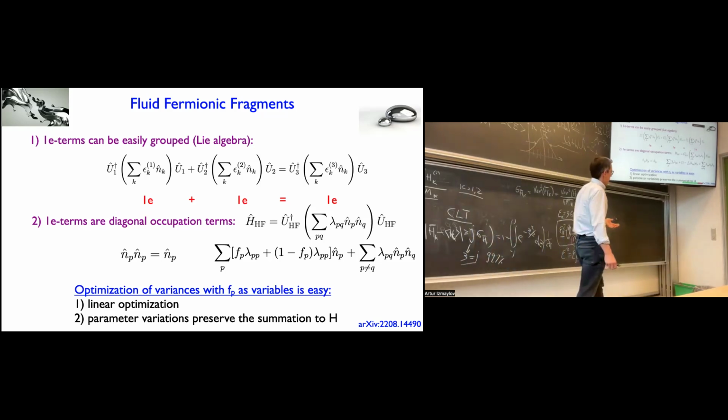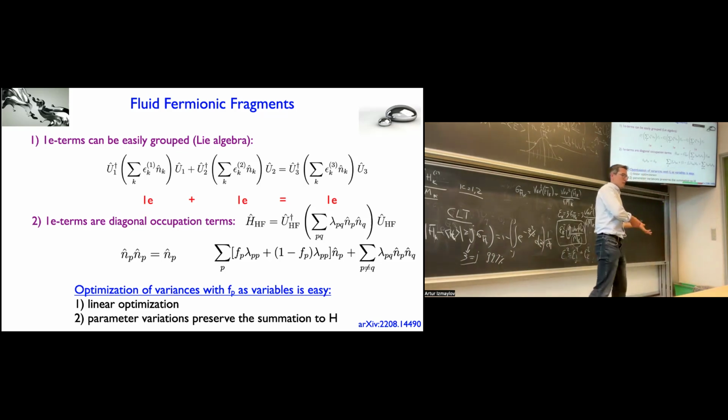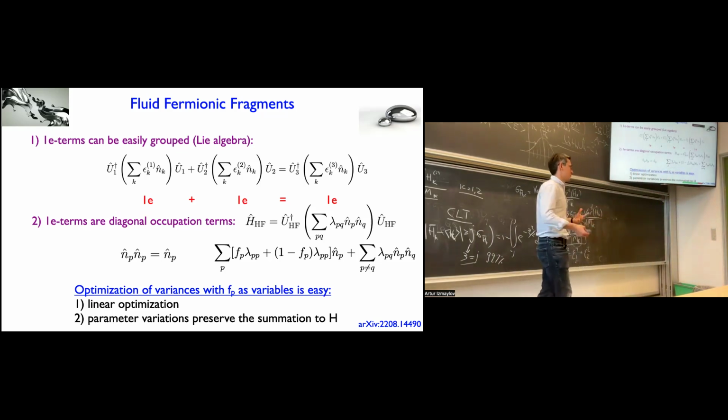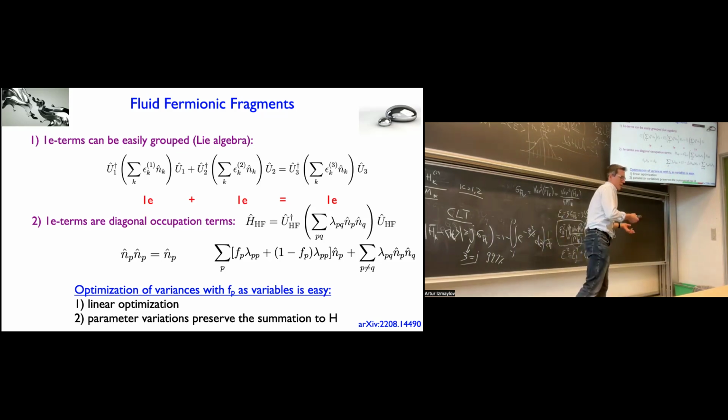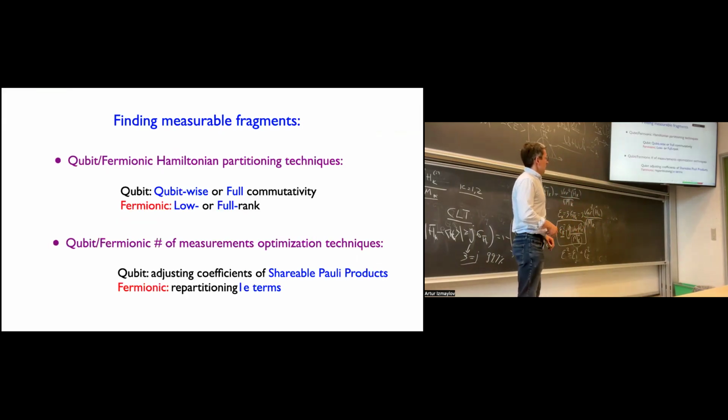But what's nice about this approach is that no matter how much we take, we don't need to worry about the fact that the modified fragments won't sum up to the total Hamiltonian, because we're just removing stuff from one fragment, and we can always combine the 1 electron parts into just a global 1 electron fragment. Okay, so that made the whole thing much easier. And now I guess we'll show the results.